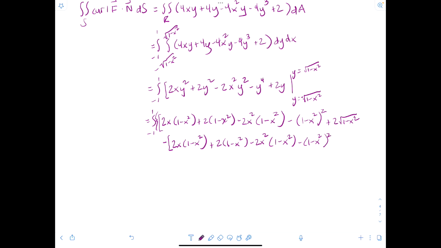Except for this one, the negative won't go away.